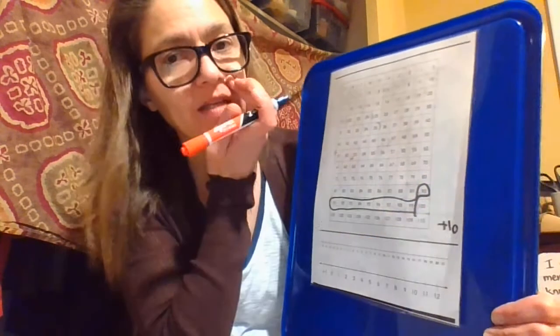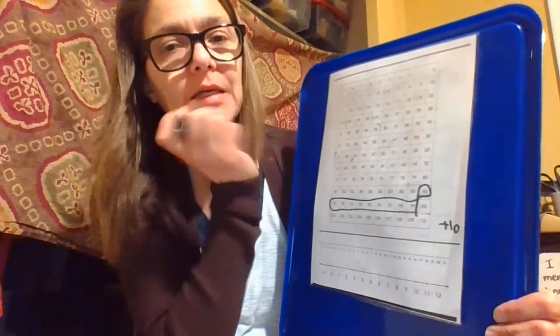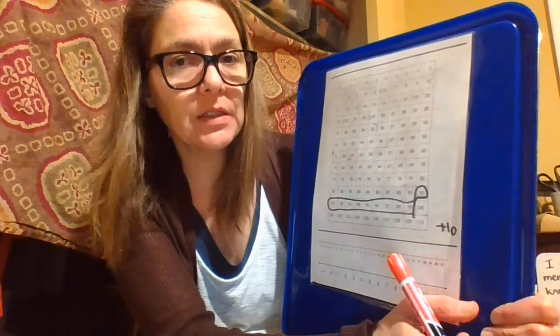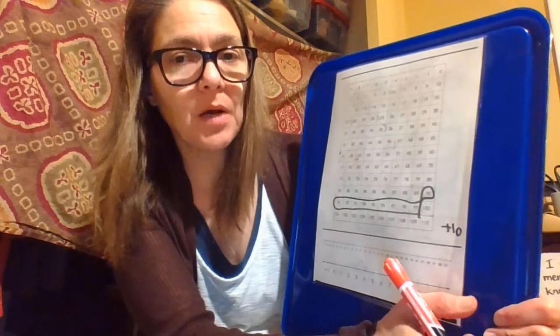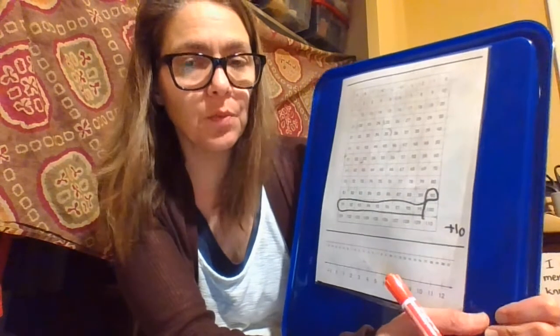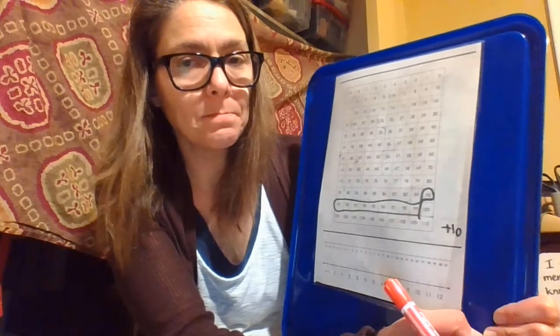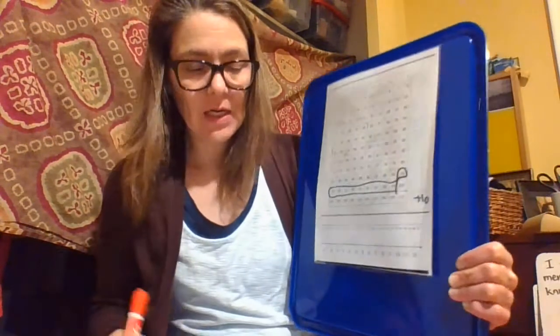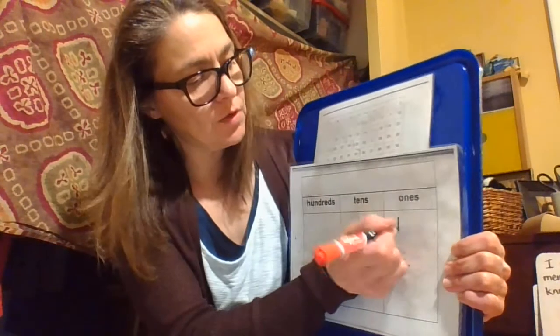Okay, and why that is, it's like a bundle. It's like making a bundle when you bundled the straws, when you bundle the popsicle sticks, when you bundle the base 10 box. It's also known as regrouping. And when you regroup, you move it to the next place value. It can no longer stay in the ones when you have 11.